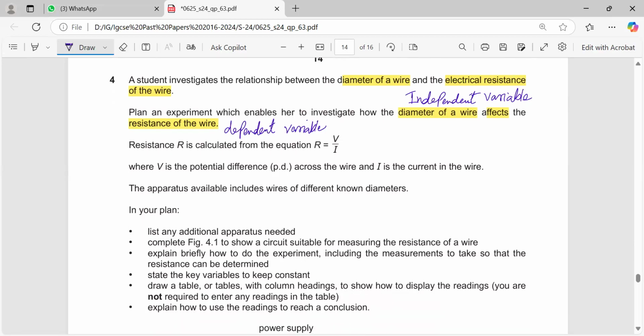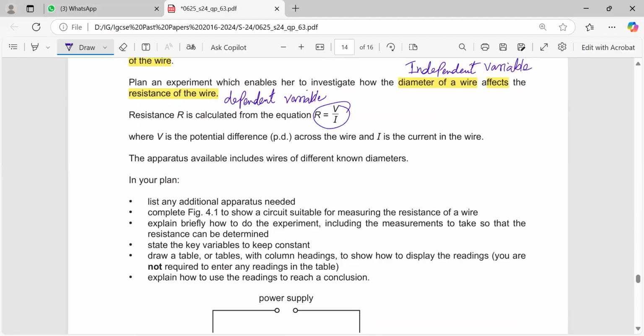So resistance is calculated by this formula, where V is the potential difference across the wire and I is the current in the wire. So very important. Potential difference is always across the wire or the component, and current is always through the wire or in the component.